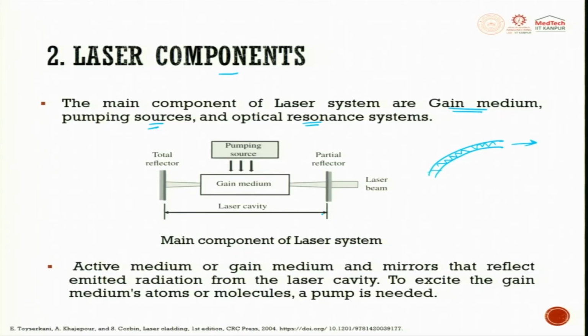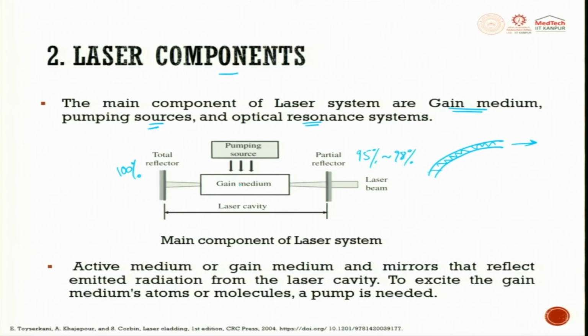Laser cavity means we assume it is a closed cavity, like a box. At one end of the box is total reflection and the other end is partial reflection. Total reflection means 100%, partial reflection means 95% to 98%.